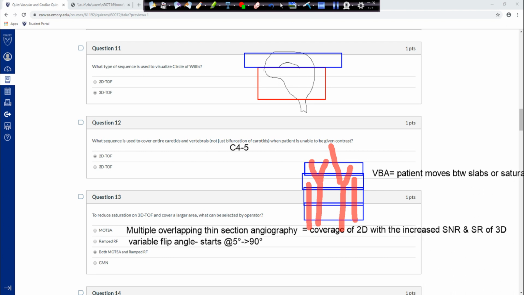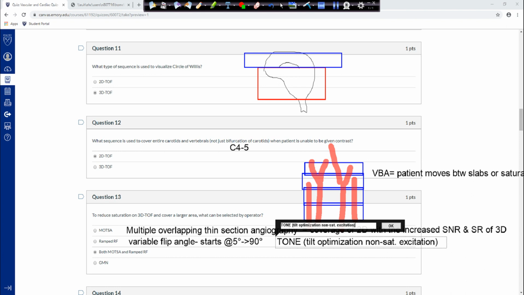So as we go through a slab, think a slab is bigger than a slice. We're always having to counteract those saturation issues. So MOTSA and a ramped flip angle help to do that. Another name you might see on the registry for a ramped flip angle is TONE. Now, this means tilt, as in the tilt of the flip angle, optimization, non-saturation, excitation.